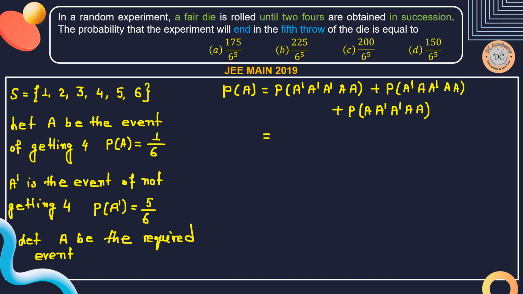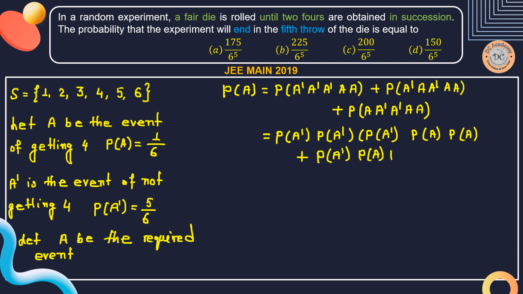So therefore, we can easily write these events as probability of A complement multiplied by probability of A complement multiplied by probability of A complement multiplied by probability of A into probability of A. That's it. In the next case, it is probability of A complement, then probability of A complement multiplied by probability of A and probability of A. That's it.